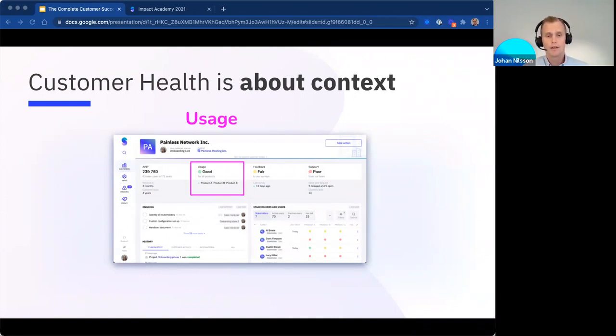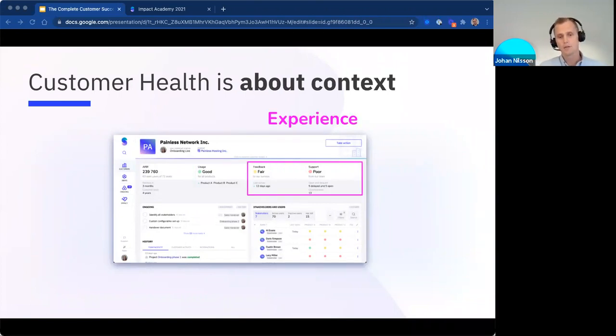We also need to understand, are they using our product? Or even better, are they getting the outcome they want from our product? So usage outcome, that's a great indicator to health, and it's context for us. But that's not enough. We also need to understand the experience. Are they getting the experience they want from us? And that's everything we do with the customer.